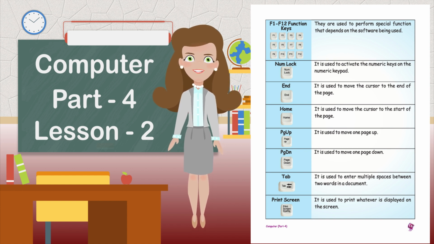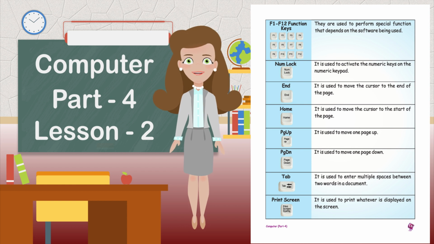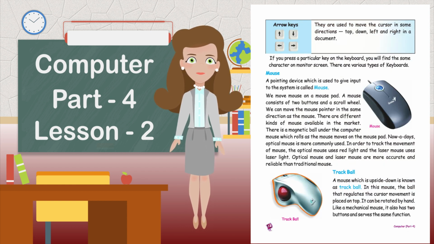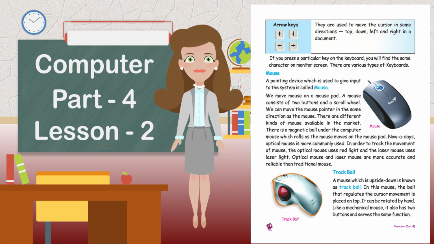It is used to enter multiple spaces between two words in a document. Print screen. It is used to print whatever is displayed on the screen. Arrow keys. They are used to move the cursor in directions: top, down, left, and right in a document.